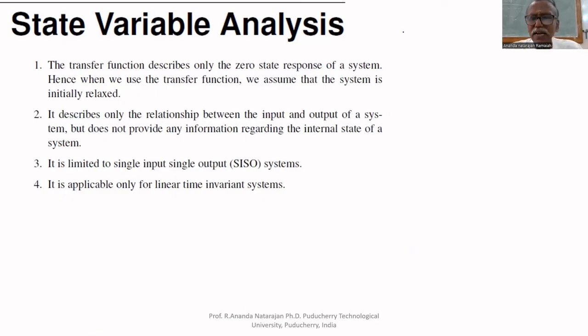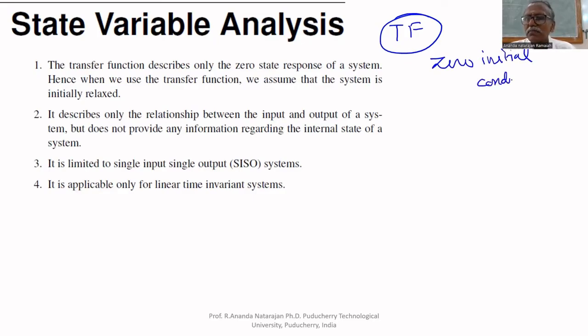What is the drawback in the transfer function model? So far, we have seen only the transfer function model. While finding the transfer function, we are assuming zero initial conditions. It means, suppose you are taking a mechanical system, it is at rest.